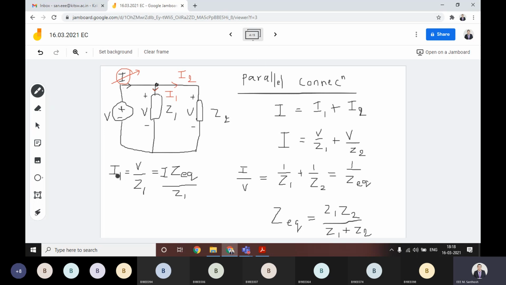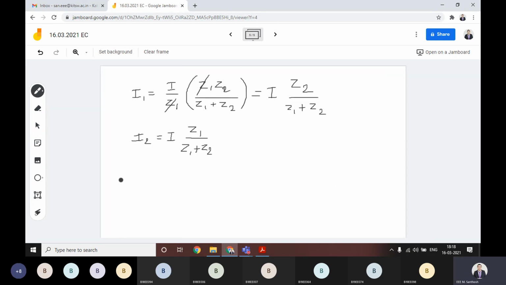Okay, suppose here in the case of Z1 you have R, that means Z1 is equal to R1 and Z2 is equal to R2.